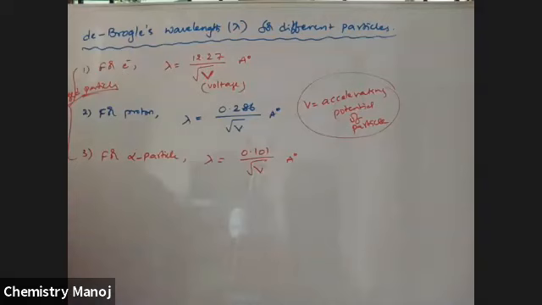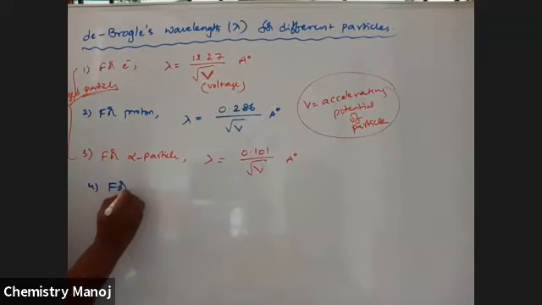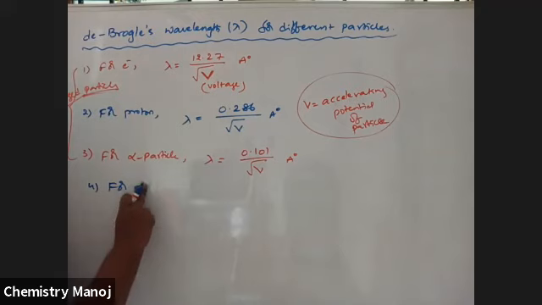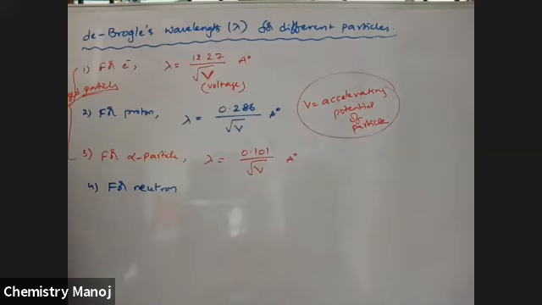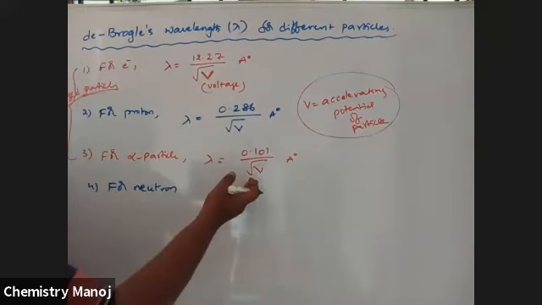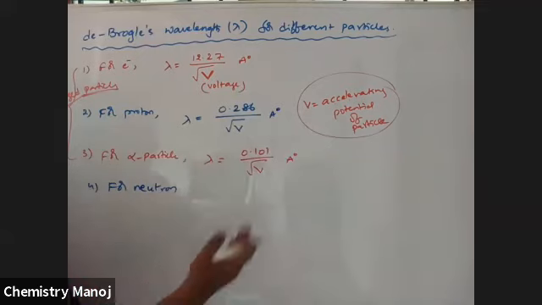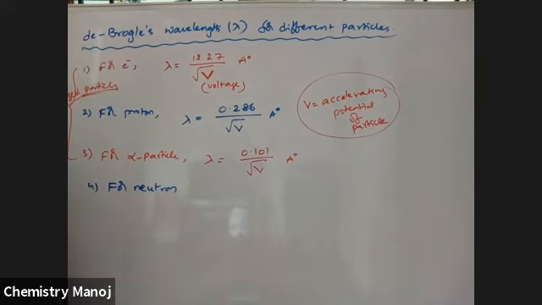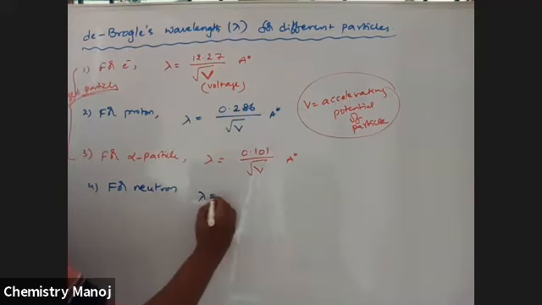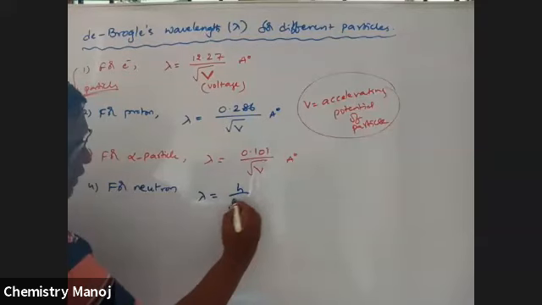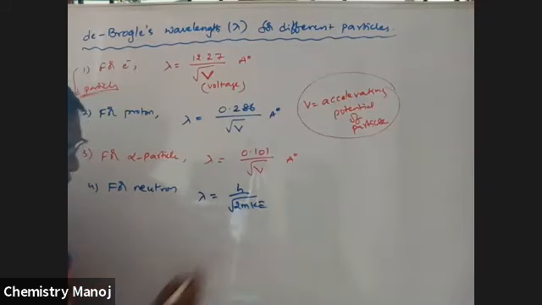Now, for neutrons, that is a chargeless particle. For charged particles, Q into V is applicable, that is h by root 2mKE, where KE means QV. For neutrons, lambda is equal to h by root 2mKE.